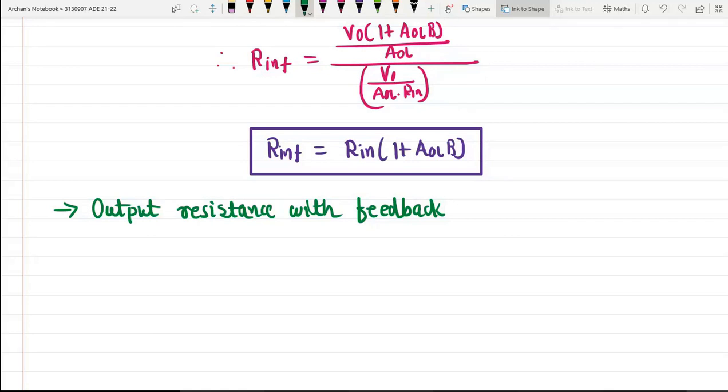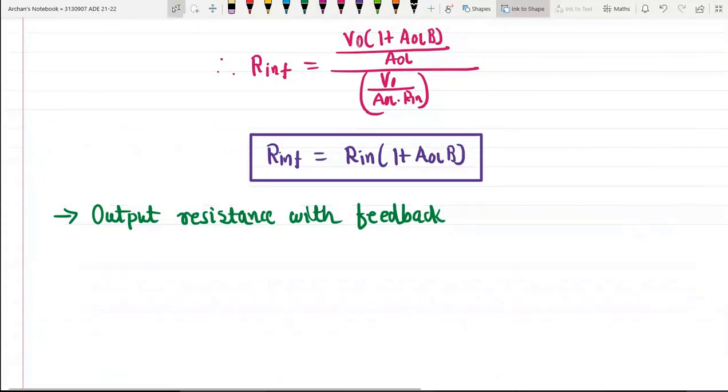So let us try to find the output resistance. Similar to the inverting amplifier, the output resistance can be obtained by using Thevenin's theorem for dependent sources. We will replace the input voltage source by a short circuit, that is 0 volt, and we will keep this AOL times Vd, which is our dependent voltage source. Let us go back to the equivalent circuit.